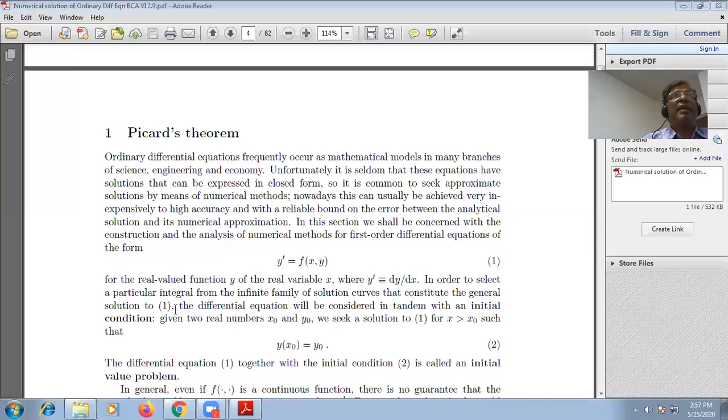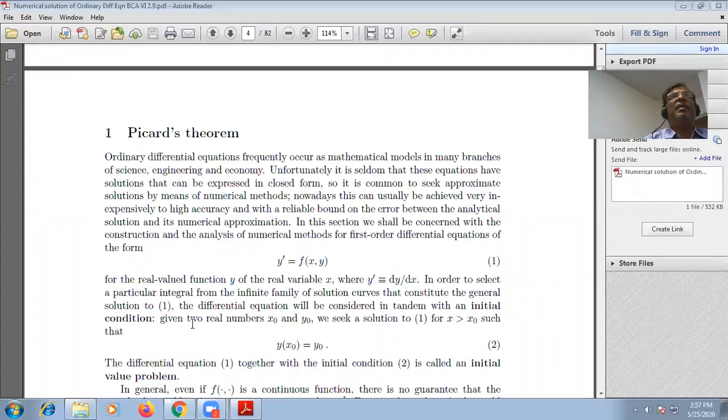In order to select a particular integral from the indefinite family of solution curves that constitute the general solution of 1, you know that if you have a linear differential equation dy by dx plus Py is equal to Q, then to get the solution of this equation, firstly you find the integrating factor.